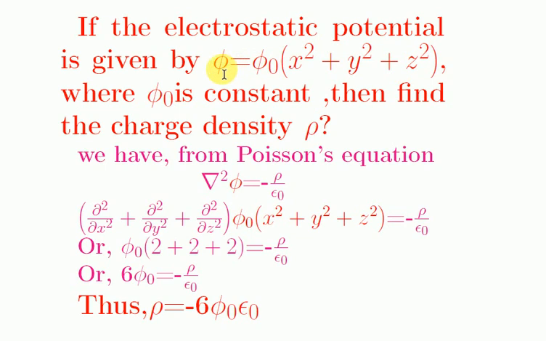That is, this equation gives us the potential at a point x, y and z, which is in Cartesian coordinate system. So we use here the Cartesian coordinate system to solve this problem. So let us see the solution.